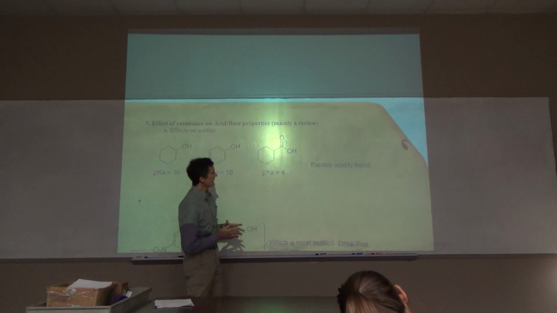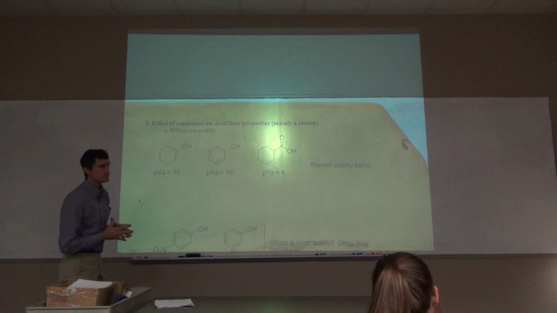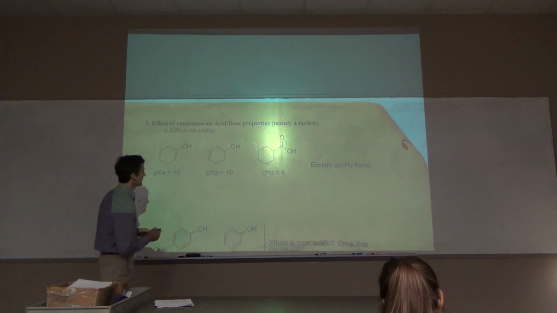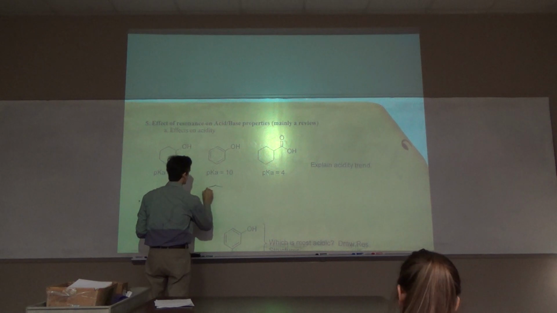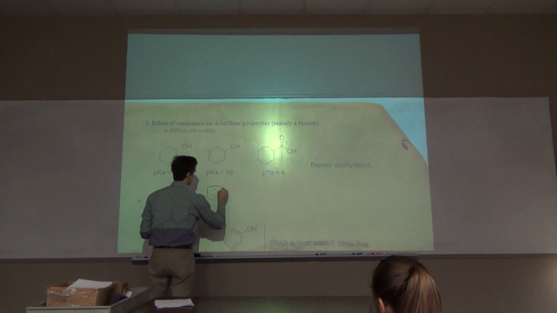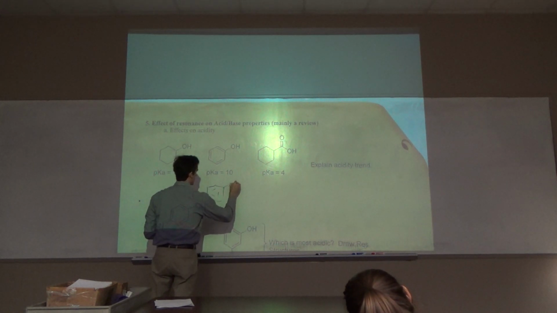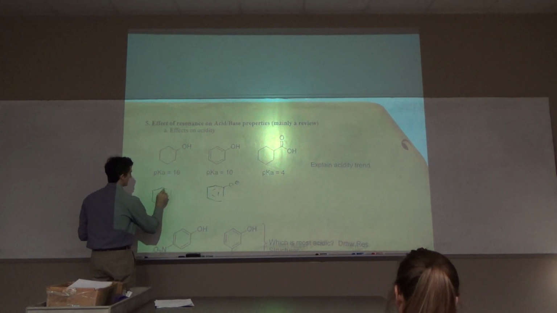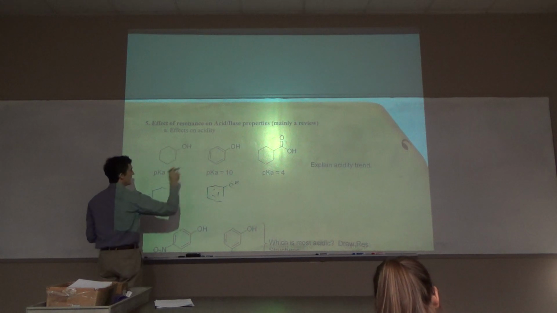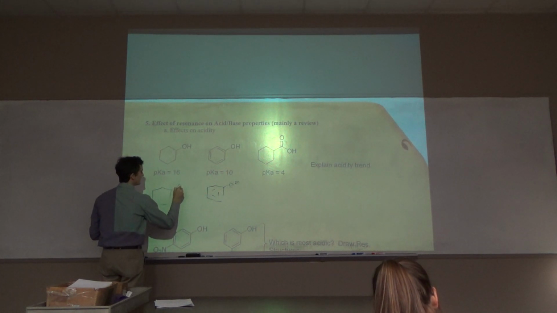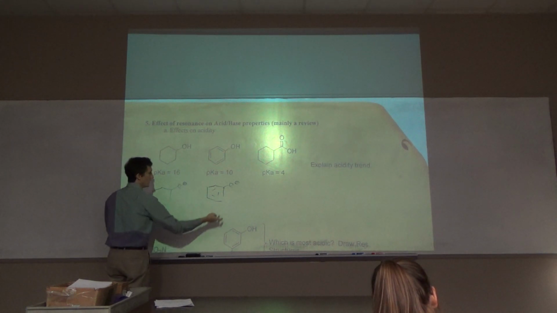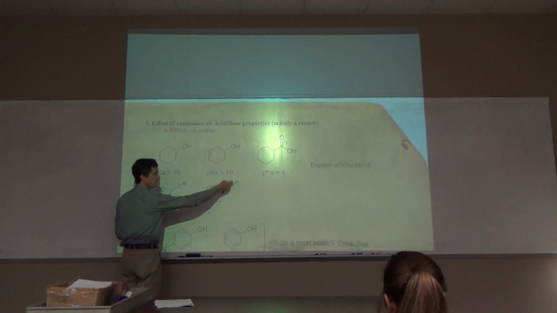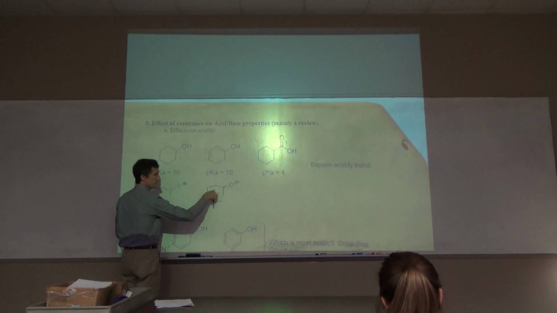But why is the carboxylic acid so much more acidic? Anytime we're considering an acid strength, we really want to consider the conjugate bases, right? Which is more stable? This, right? We can draw all types of resonance structures, moving these in, moving these out.